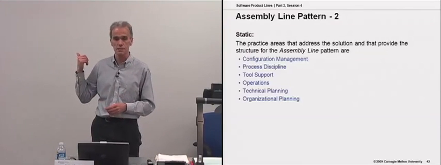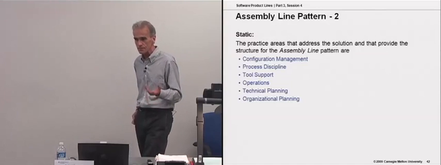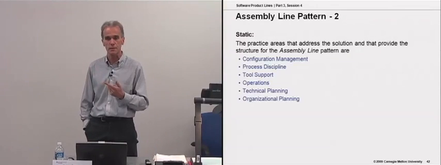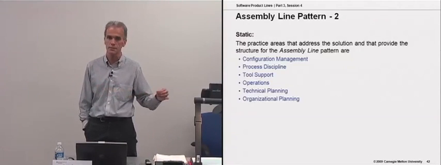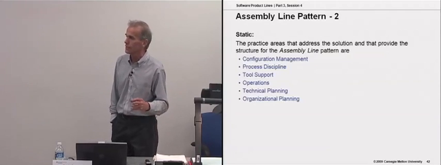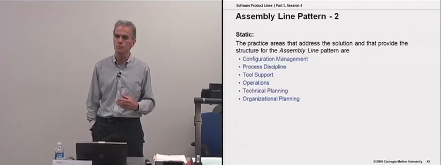You had process discipline showing up in each asset to create the attached process for that particular asset. But somebody in charge of the assembly line will be looking for a set of attached processes across all of the assets so that they can create a production plan or some production guidance for the product developers.